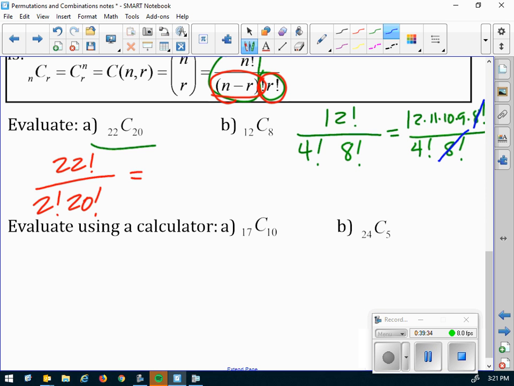Now, 4 factorial is 4 times 3 times 2 times 1. Look here, what's 4 times 3? 12. 2 and 5, and 1 is 1.